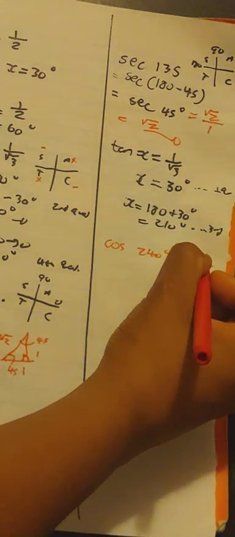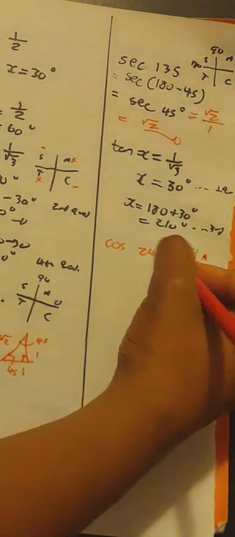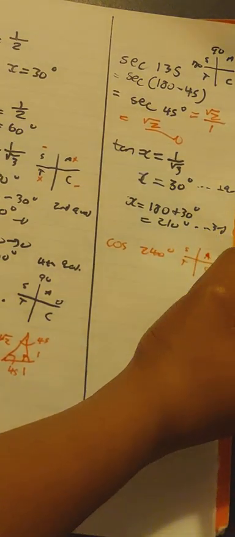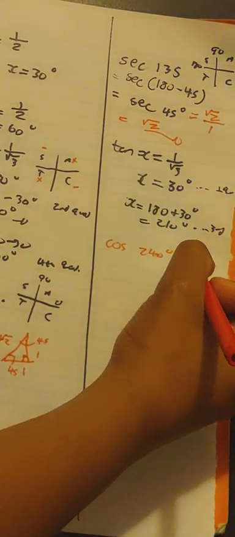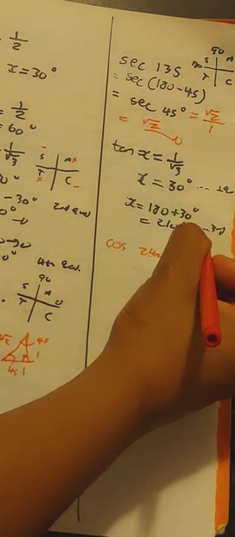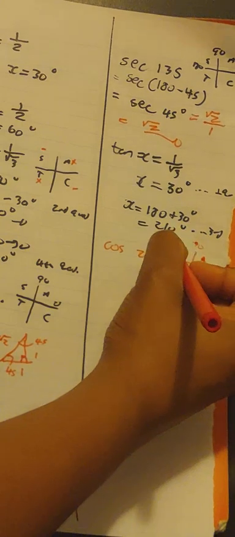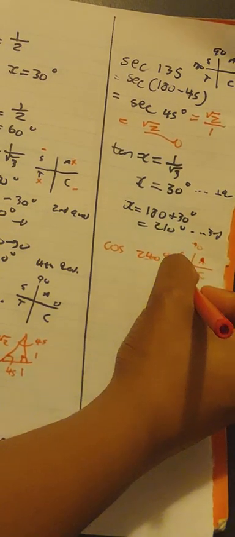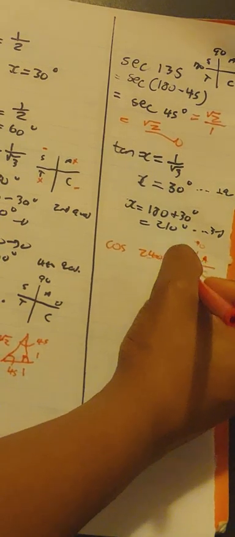Here on the CAST diagram, look at this. Where is 240? Here it's 90, here it's 180, here is 270. So it is here.